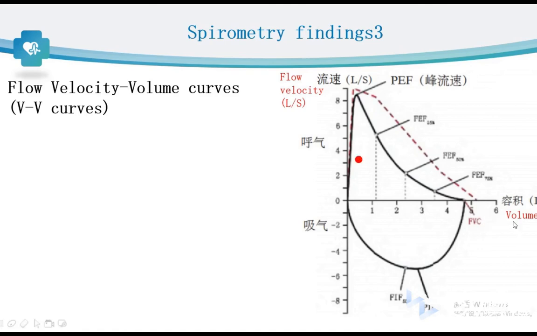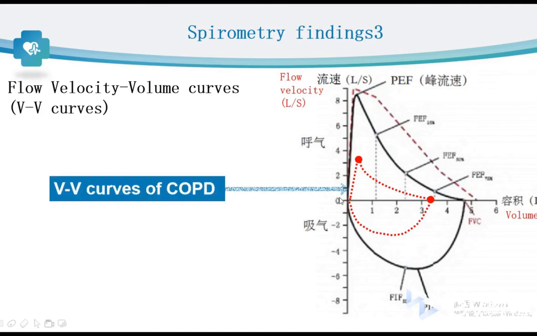And about the volumes, we can see that the patients of COPD will get a decreasing of FVC. So the volume of the lungs also decreases, and we can mark here. And now let's connect these points to get a new curve. That is the VV curve of the COPD patients.